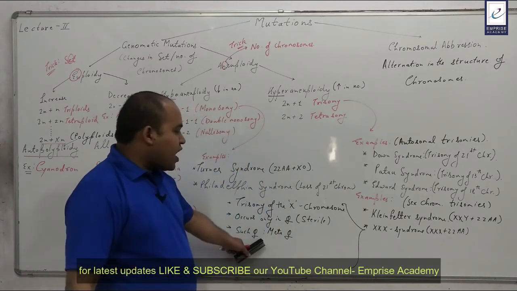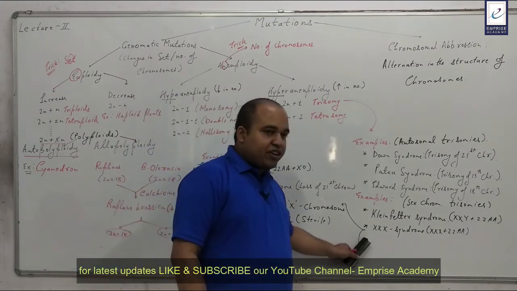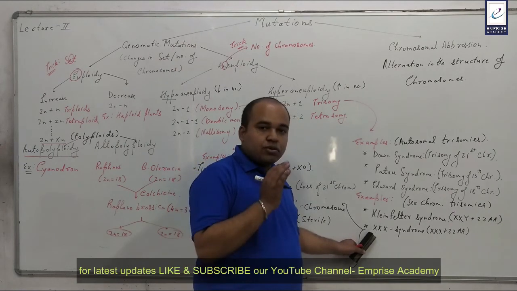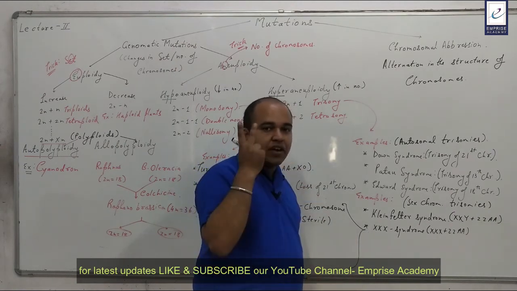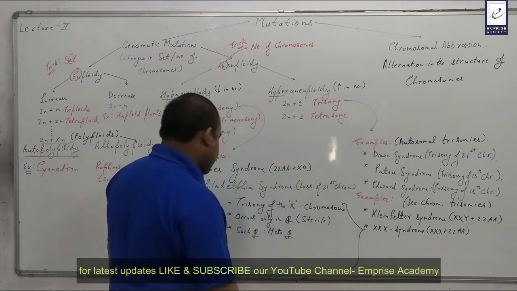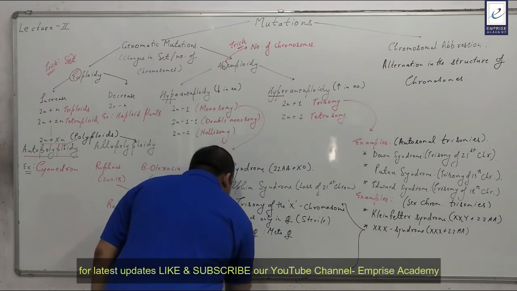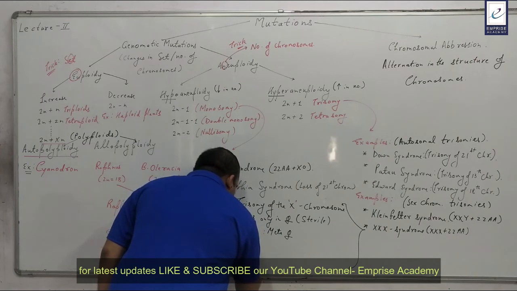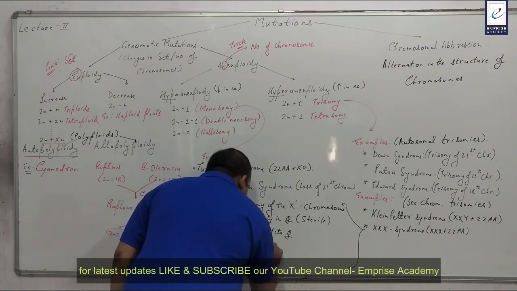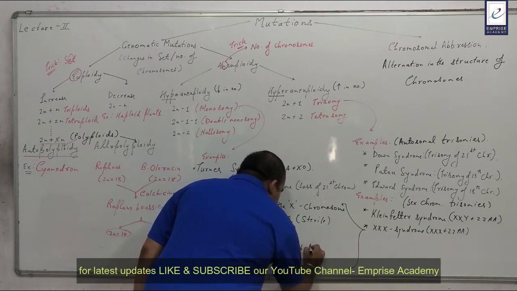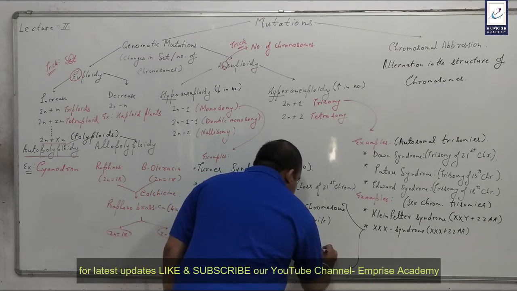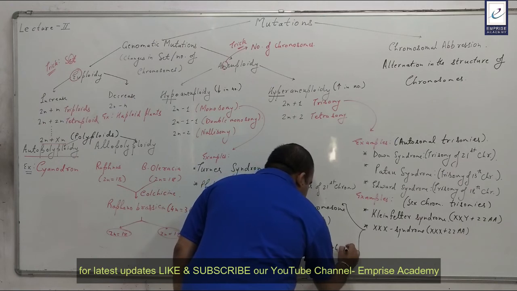The number of bar bodies equals number of X chromosomes minus 1. There are 3 X chromosomes, minus 1, so there would be 2 bar bodies in such females. More than 1 bar body is present.